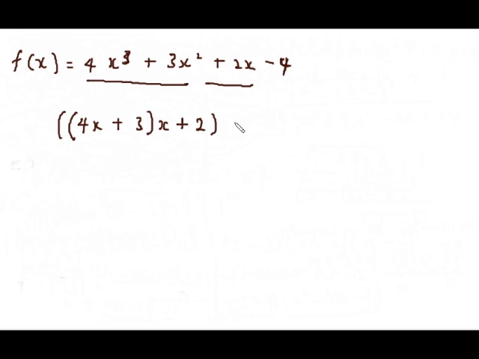And then we look at the next number. Now when we get to the constant value, that's the value that doesn't have an x variable, we do not have to put x outside of here. We just write minus 4. So we have f of x equals to this.